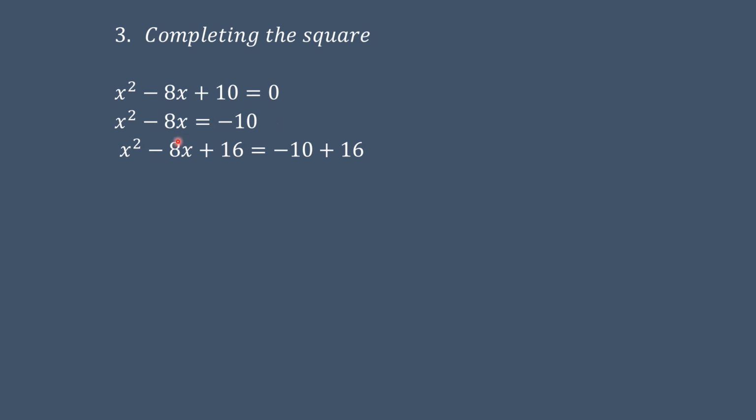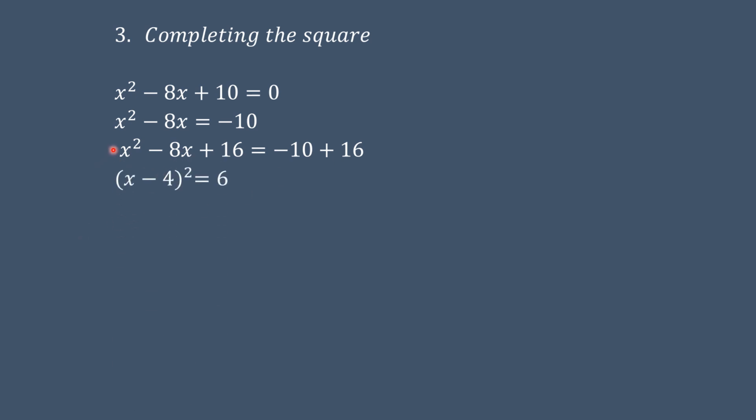Then we will take 8 divided by 2, then square. So 8 divided by 2 is 4, then 4 squared is 16. So we will add 16 to both sides.